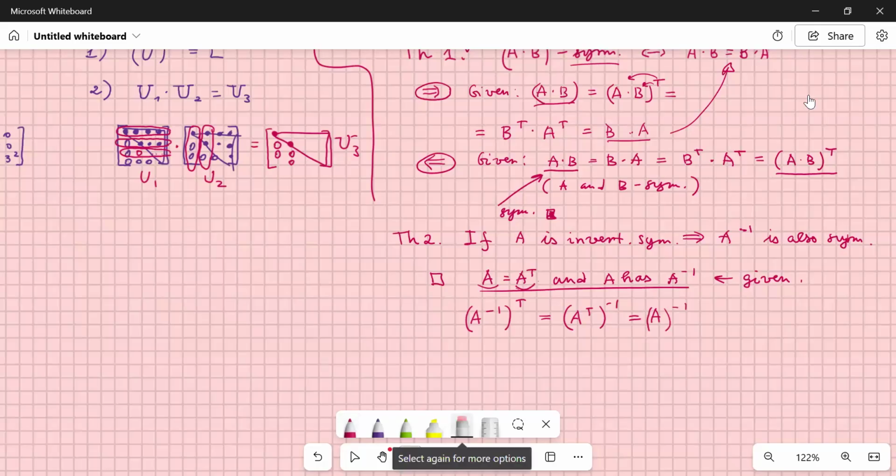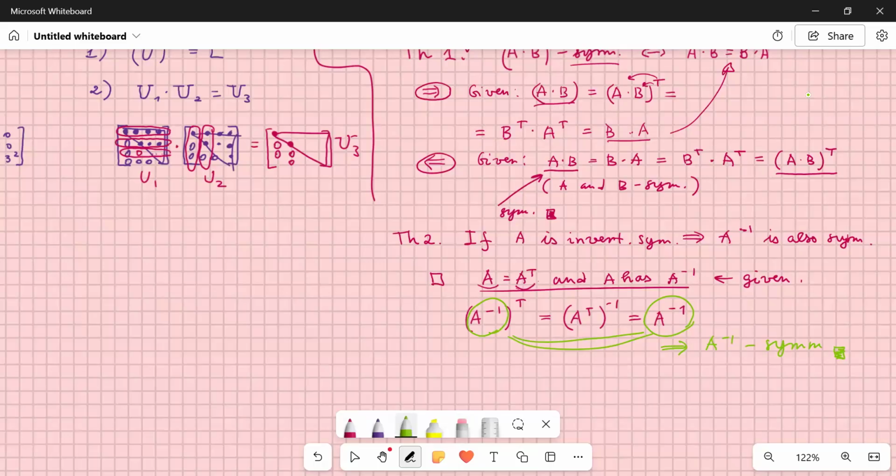Parentheses were not a good idea actually, because I'm not making it more complicated. Now, guys, I'm going to use the green marker. I have matrix A inverse, and we have matrix A inverse transpose, and they are equal to each other. That means that the inverse matrix is symmetric. So I proved my statement.